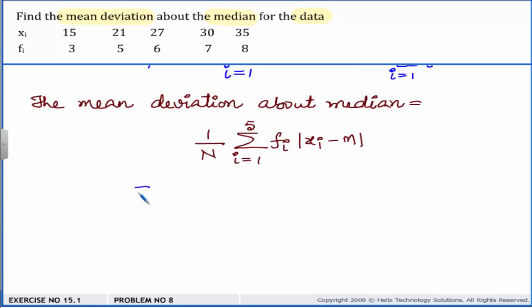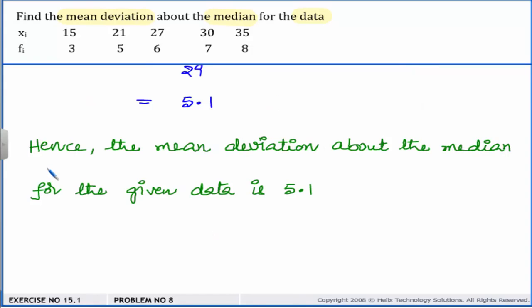Now on substituting the values, we will be getting 1 by 29 into 148. On simplifying this, you will be getting 5.1. Hence, the mean deviation about the median for the given data is 5.1. So this completes the solution.